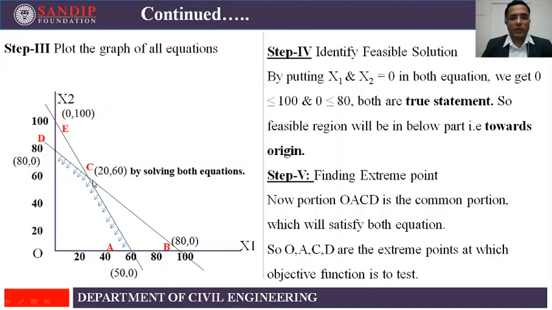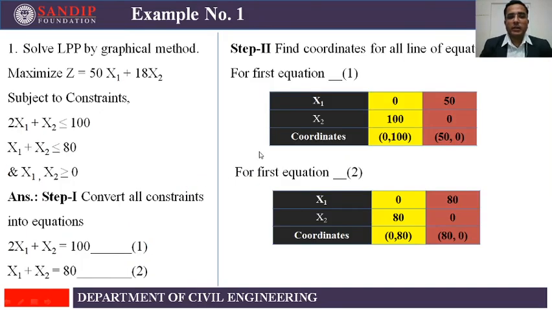Now to test the optimality, we have to find the coordinates of all these points. O point coordinates are 0, 0, A point coordinates are 0 and 50, C point coordinates are not given, but we can easily find them by solving the two equations, 2x1 plus x2 is equal to 100 and x1 plus x2 is equal to 80.